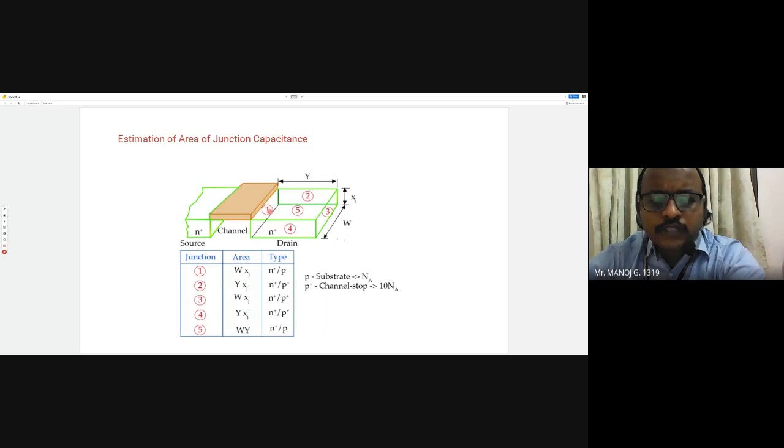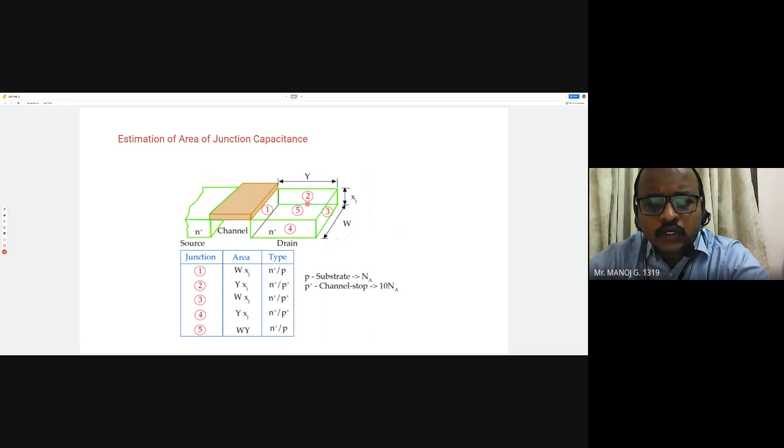The length is W, and the height is XJ. So the area of junction 1 is W into XJ. Is that clear? This W is the length and this is the breadth, right?